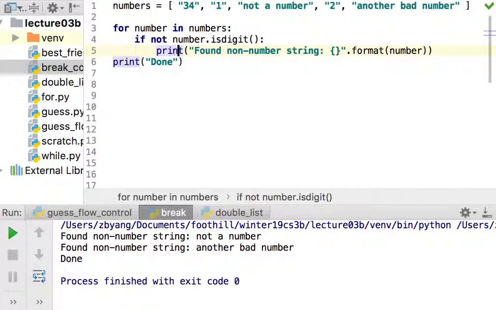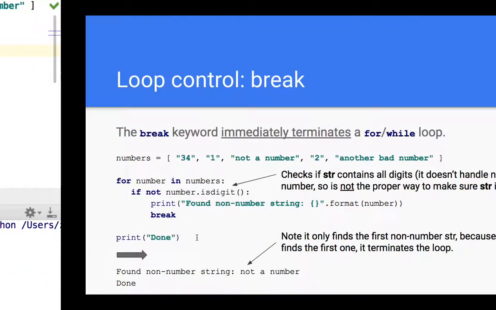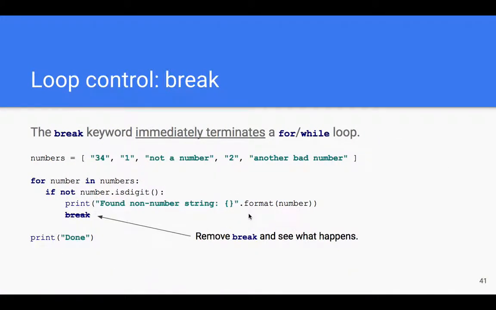So you would expect it to find all the non-number strings in this list. And it did. It found 2. All right, that's what this slide says.